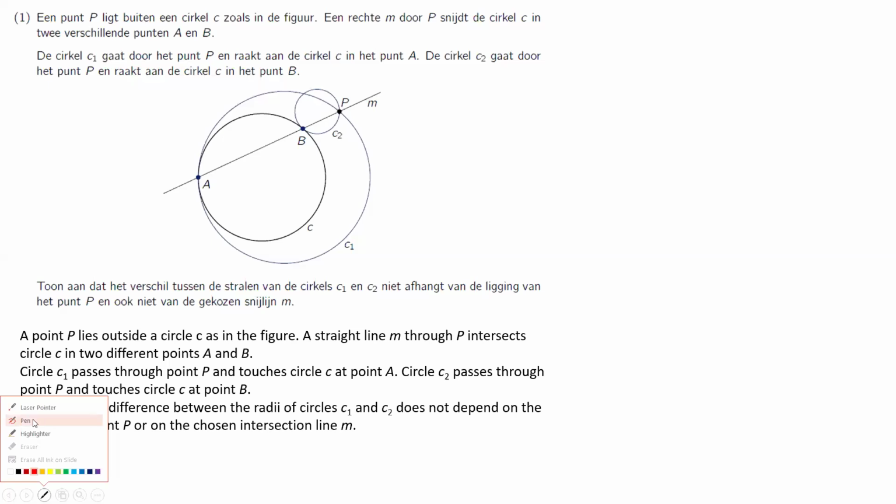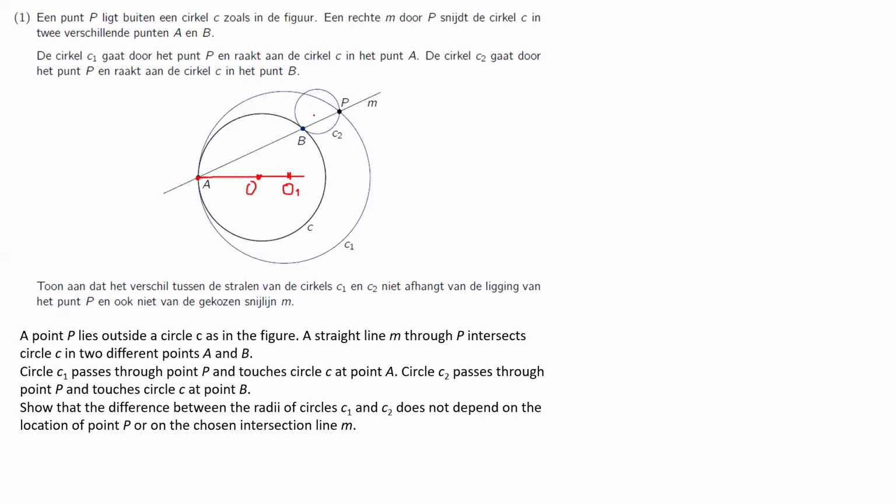So for this question, we know that for the tangent point A, if we draw a tangent line through A, this line passes the center of C. So let's say O is the center of C, and O1 is the center of C1.